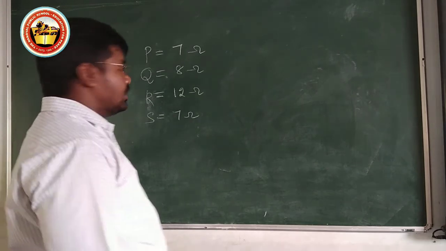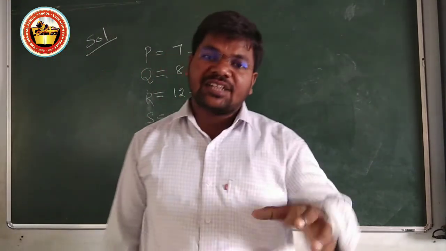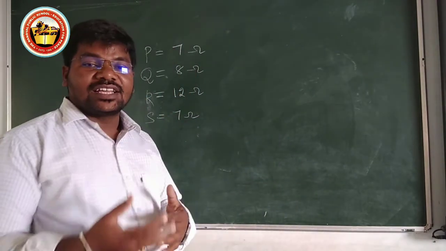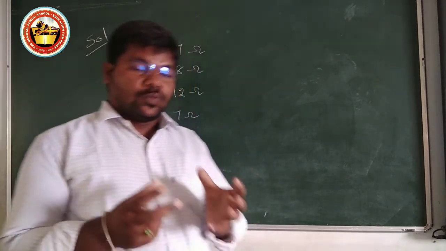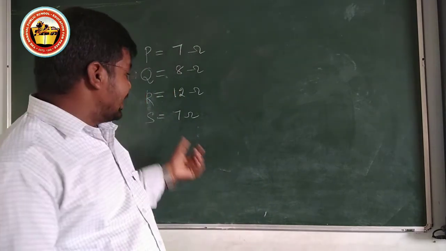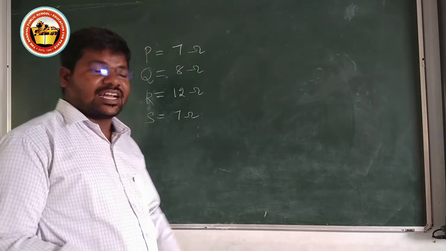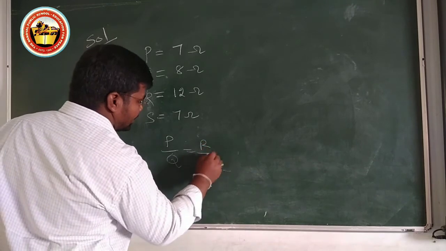If we add some resistance in series with S, we can get the balanced condition. Understand? What is the balanced condition? P by Q is equal to R by S.